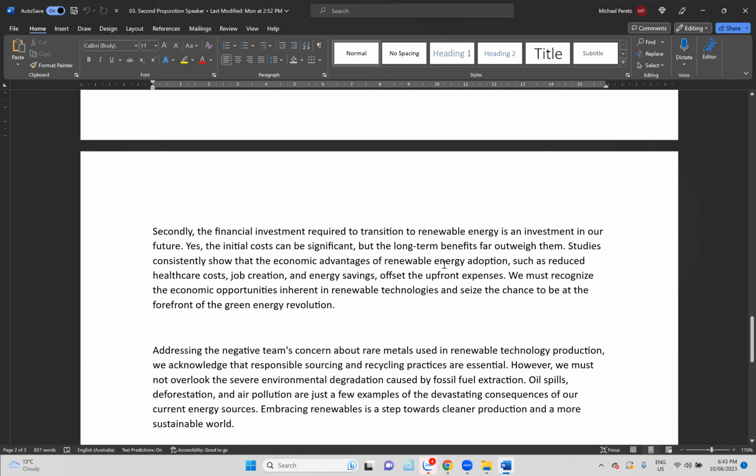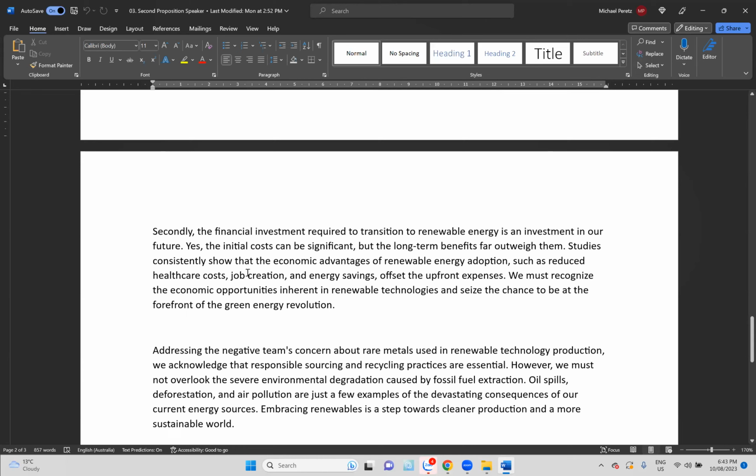So they've provided some good evidence here by saying studies consistently show, so they're citing a source here, or they're letting you know where they got the information from. And then they've provided some good examples. So healthcare will get cheaper because there won't be as many people with lung issues, going back to the argument made by the first speaker.